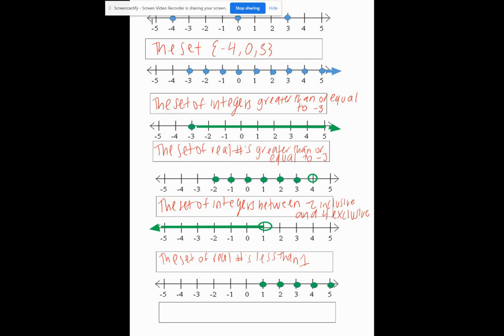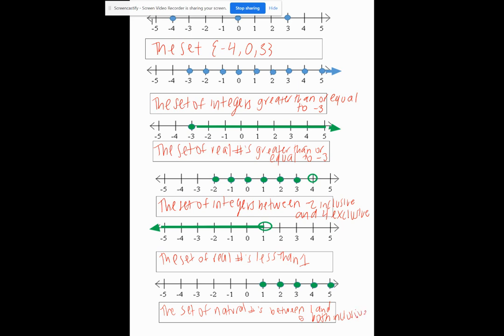Those show that you're a little bit advanced with this material. So I would say the set of natural numbers between, because there's no arrow, 1 and 5, both inclusive.